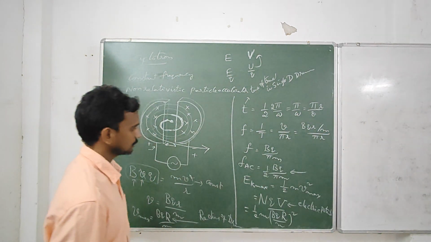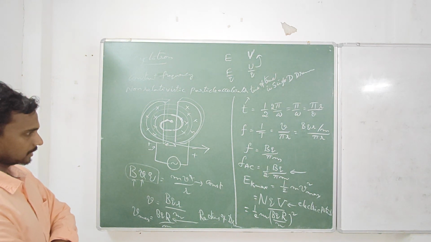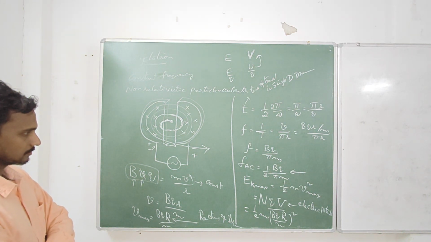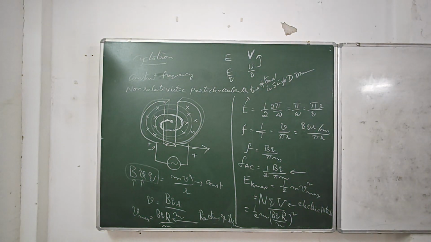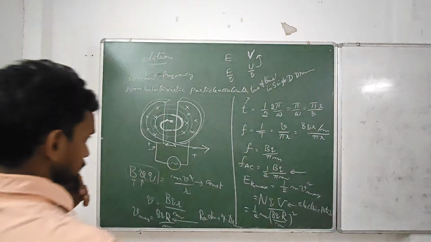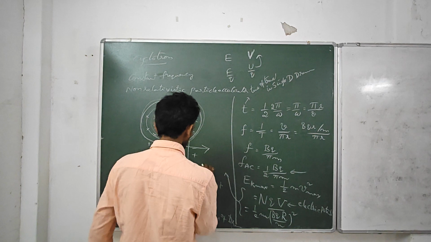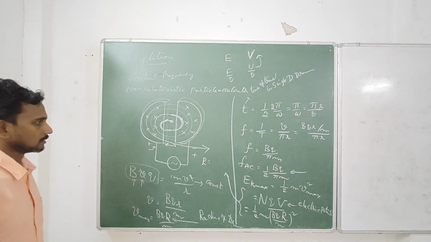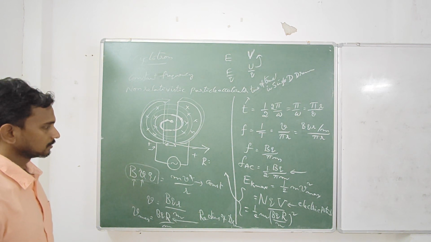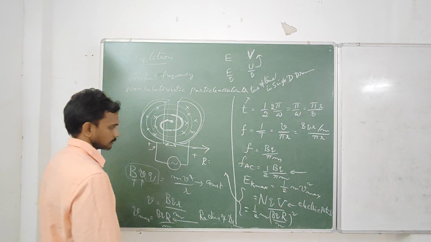So from here, what is the ultimate requirement? From these two equations, what is R? R is the square root of that.